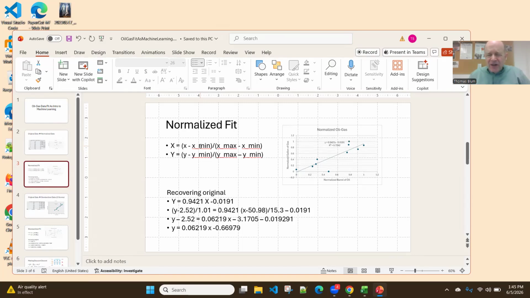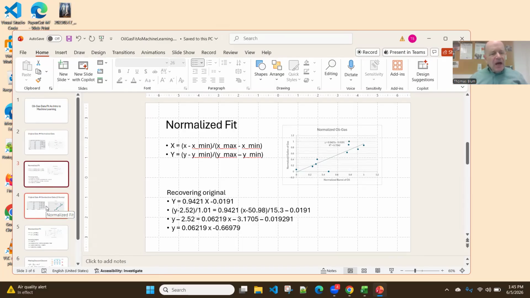I have again X values and Y values, so we will scale the X's and the Y's. We take them, subtract off the minimum, and then divide by the range, the max minus the min. So we're shifting the origin by subtracting the minimum, and by dividing by the range, squeezing it down.